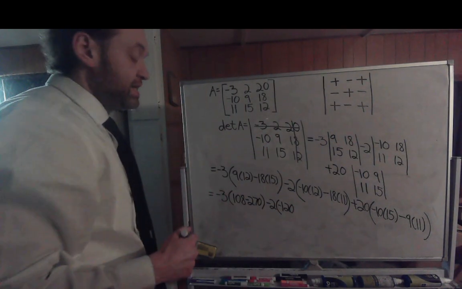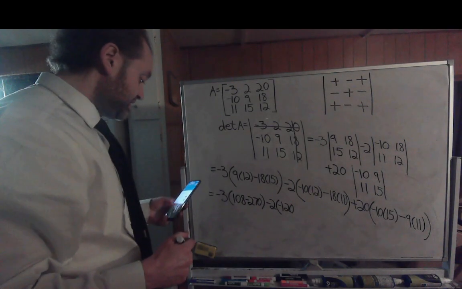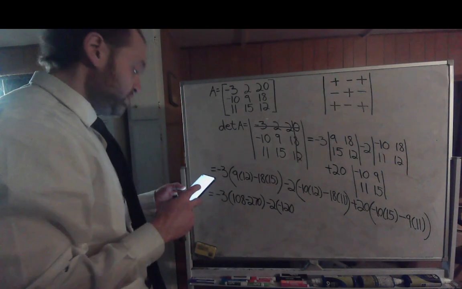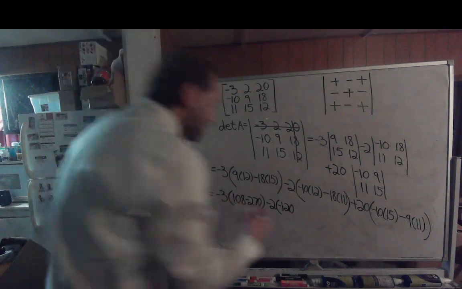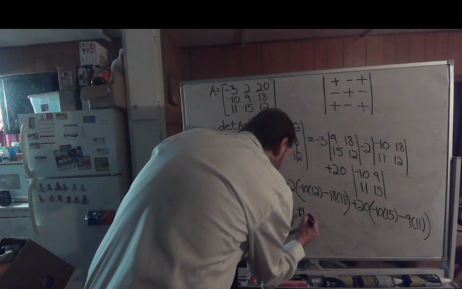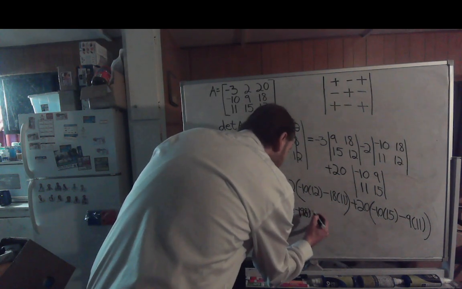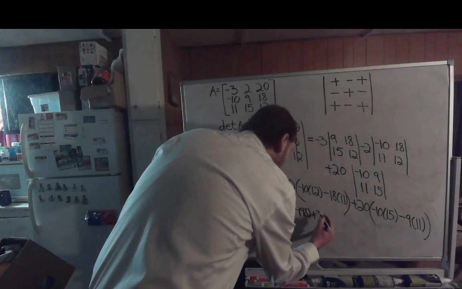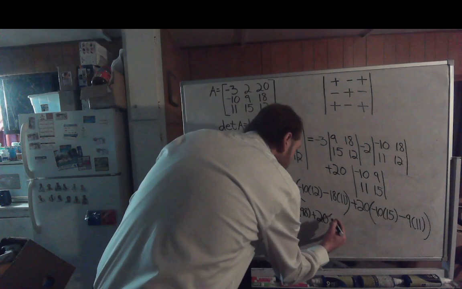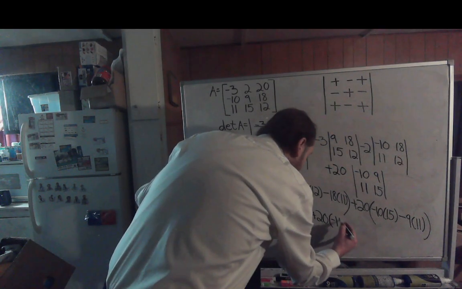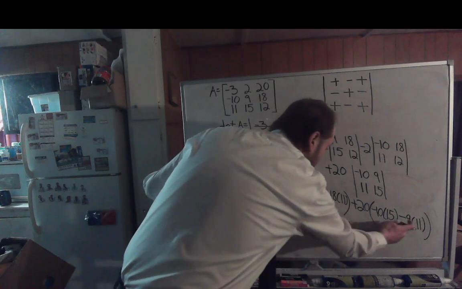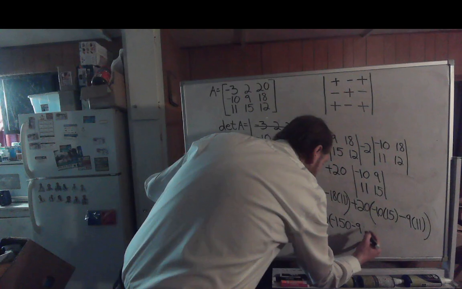Let's figure out 18 times 11. I want to say it's 198, but I want to be sure. Yep, minus 198, plus 20 times -10 times 15 is negative 150. Minus 9 times 11, that's minus 99.